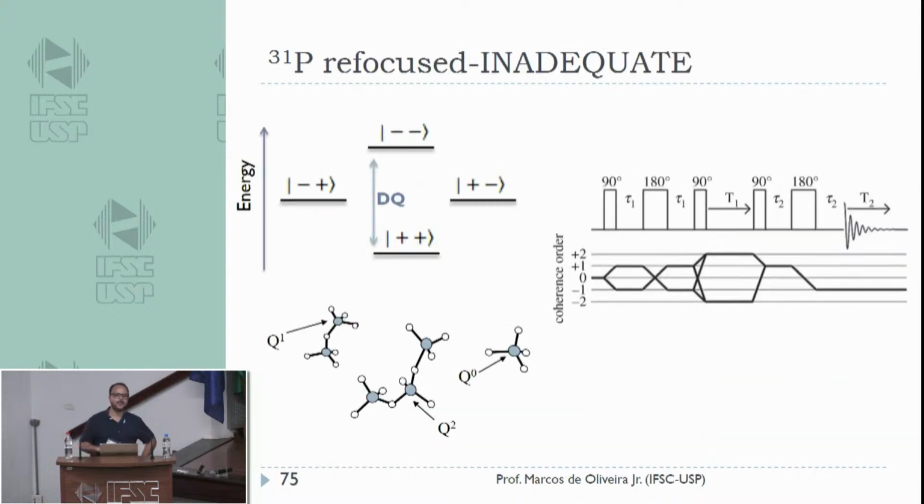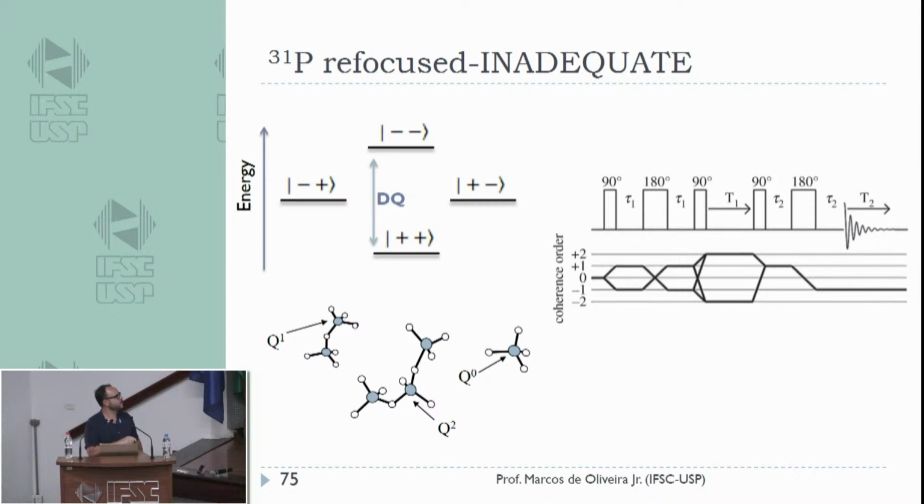So another type of experiment that we can use to filter our information are selective experiments that detect only one type of interaction. For example, in this case here, if I have two phosphorus interacting with each other, then again I have a four-state system.